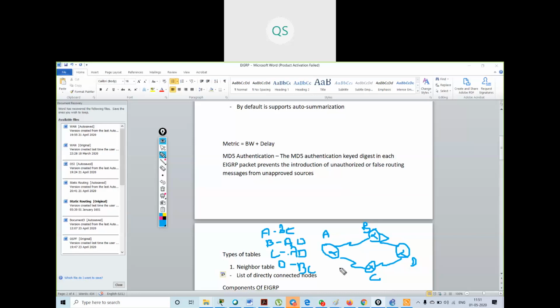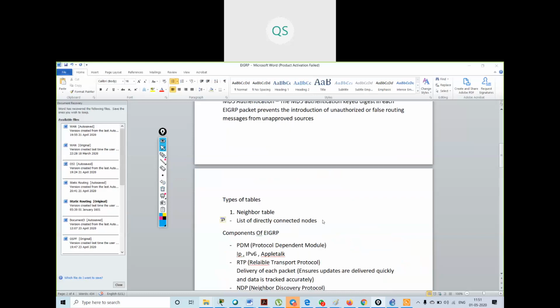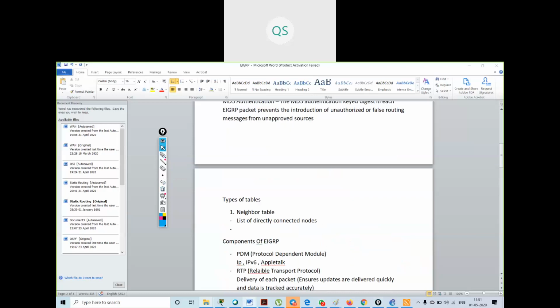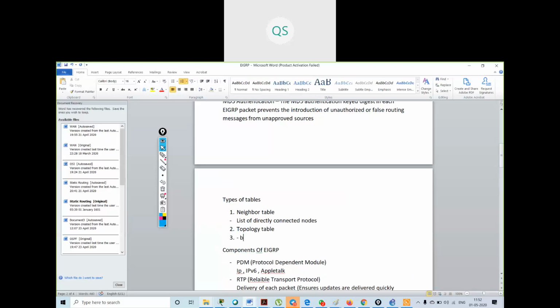Understood? This is something neighbor table. Okay, now the second one is topology table. Now, what is topology table?